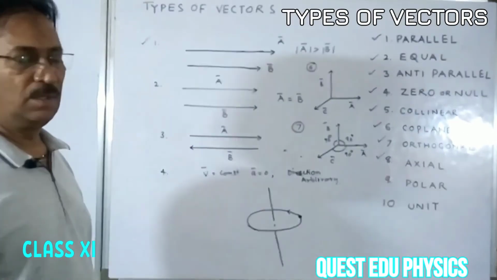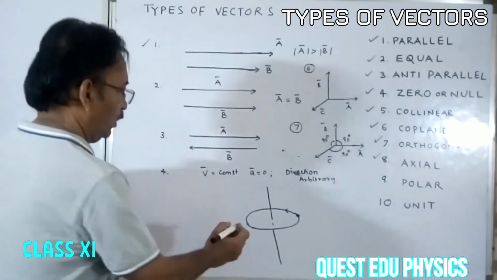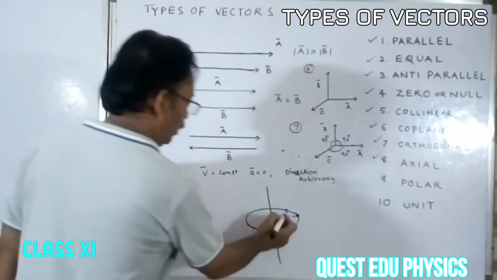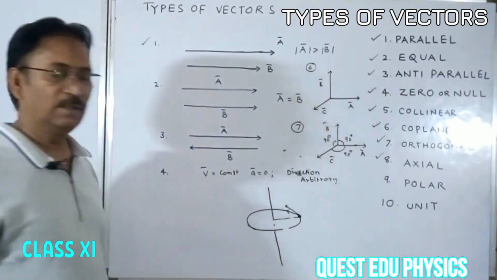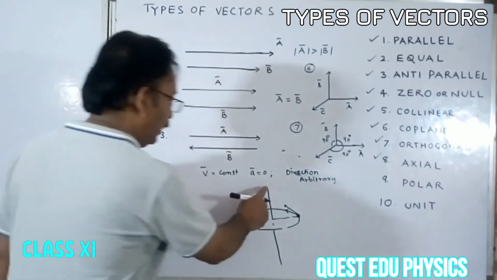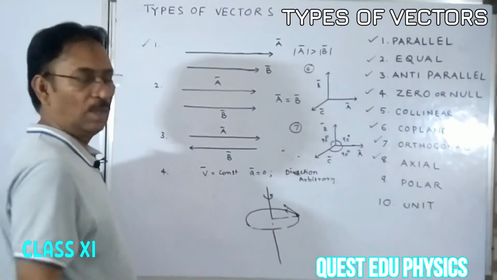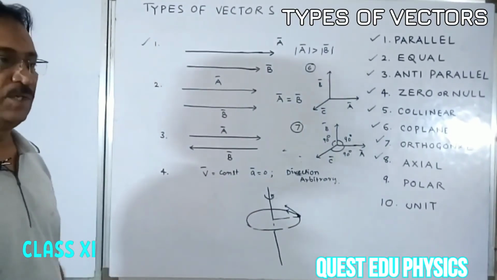Such things come up when we learn about circular motion. It has the radius r, it has the direction of linear velocity, and it has the axis of rotation. The angular velocity acts along the axis of rotation.